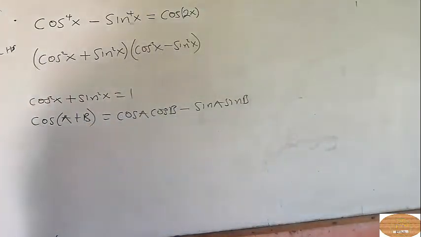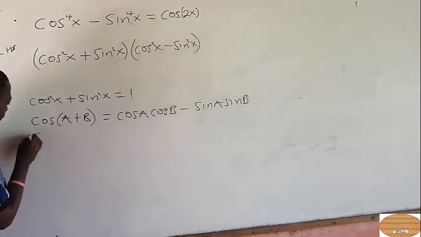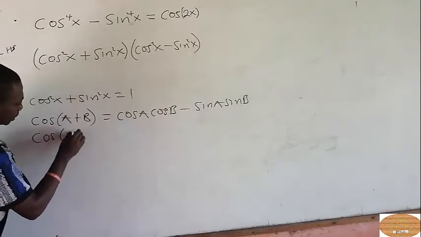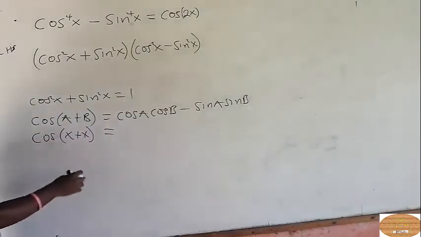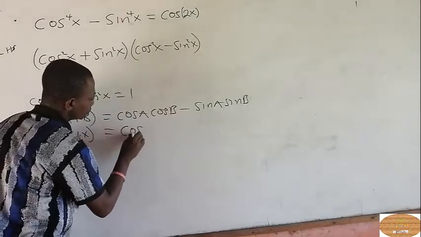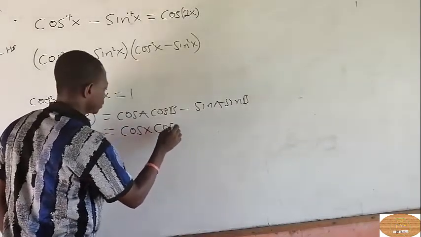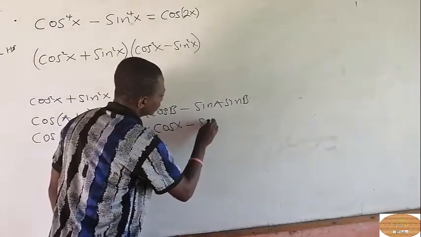Alright. So in case you're given this one, that's that. So what if they are the same, like x plus x? Alright, so we are going to get cos x cos x, and there you see minus sin x sin x.